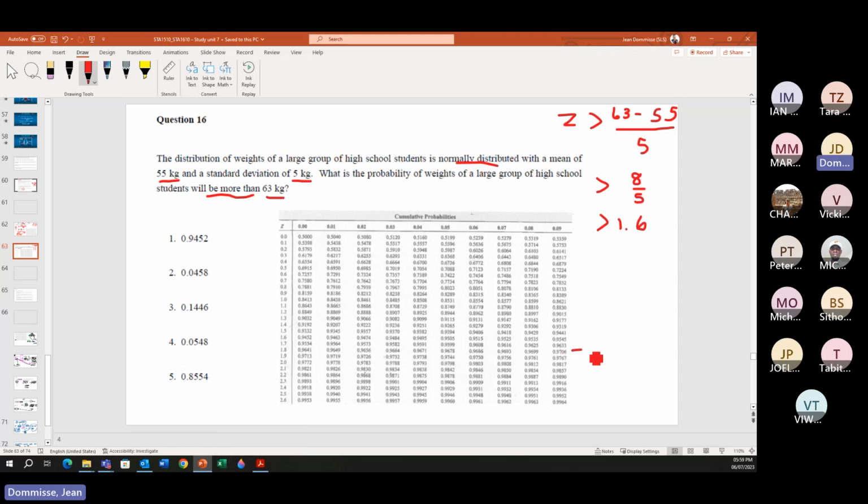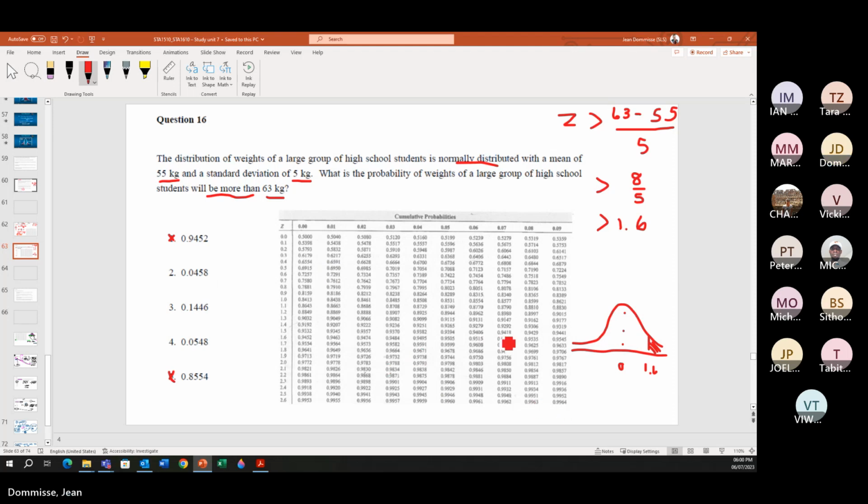Let me first draw it. Okay, so there's 1.6, and we're looking for that area. That small area is going to be smaller than 0.5, so we could have eliminated those two. One of the other two is probably the answer, but let's see.